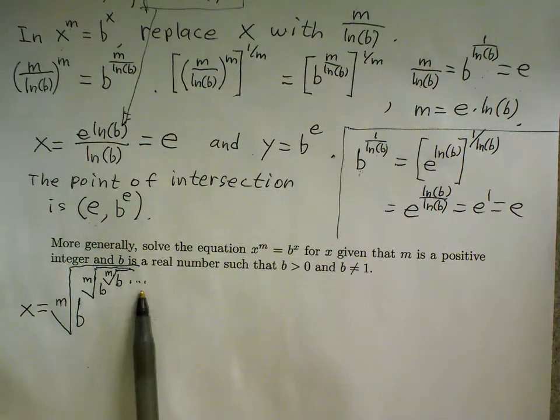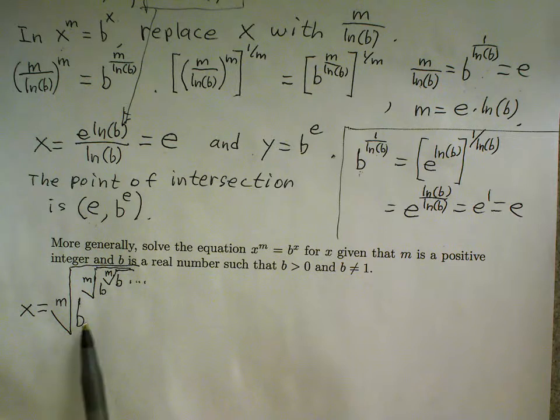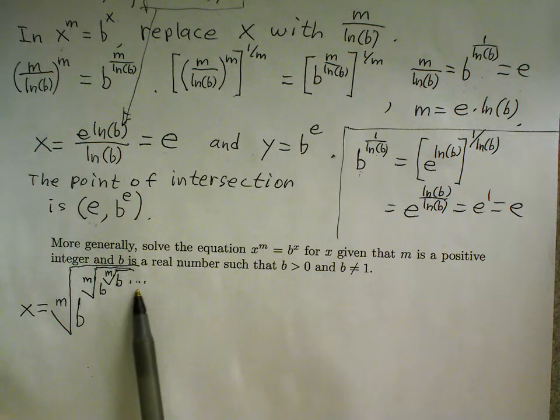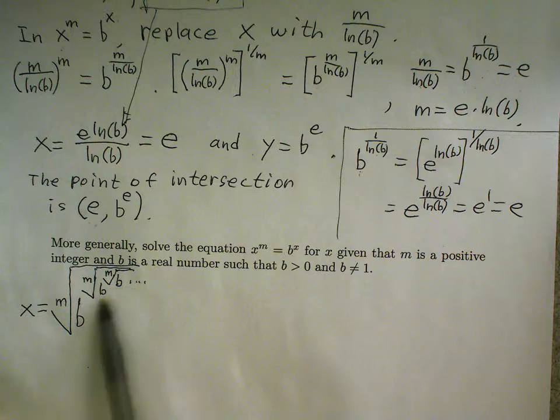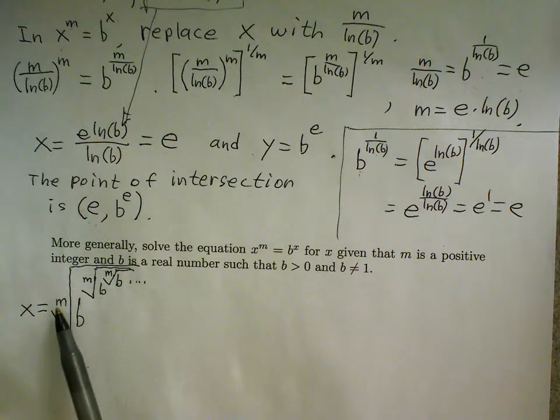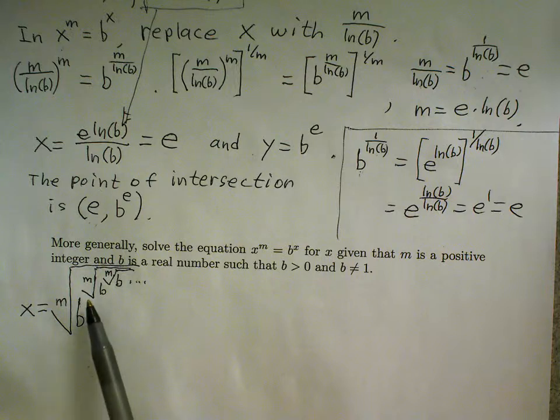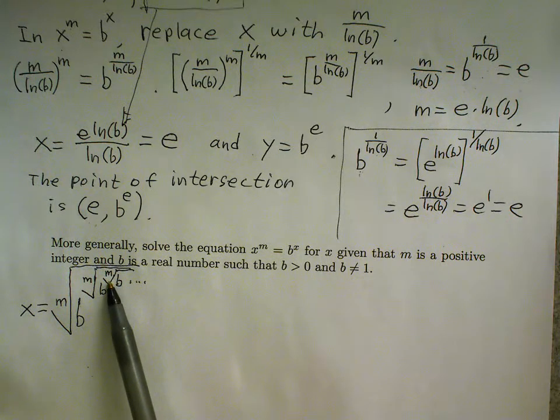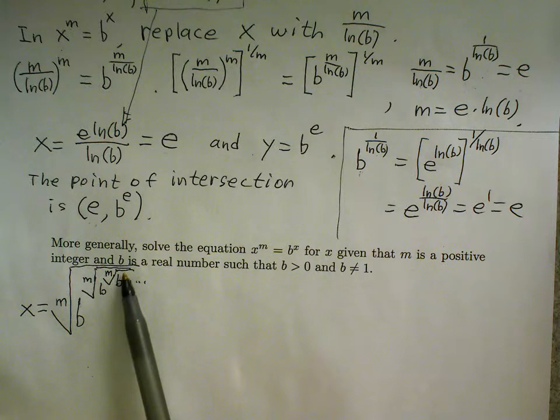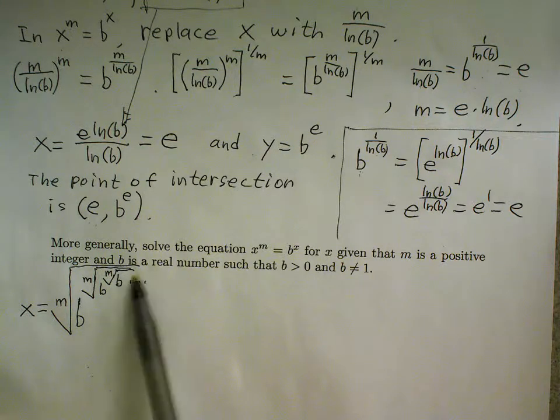So by the 3 dots, I mean to indicate that what is taking place here goes on forever. So I start out with the mth root of b raised to the exponent, the mth root of b, which is also raised to the exponent of the mth root of b, which is raised to the exponent of the mth root of b, and so on forever.